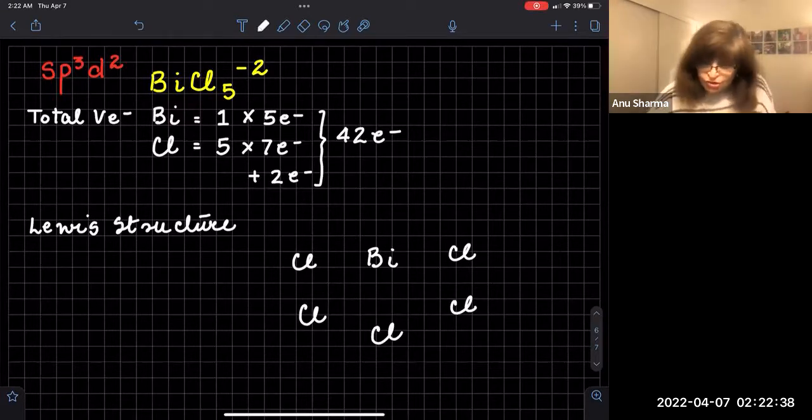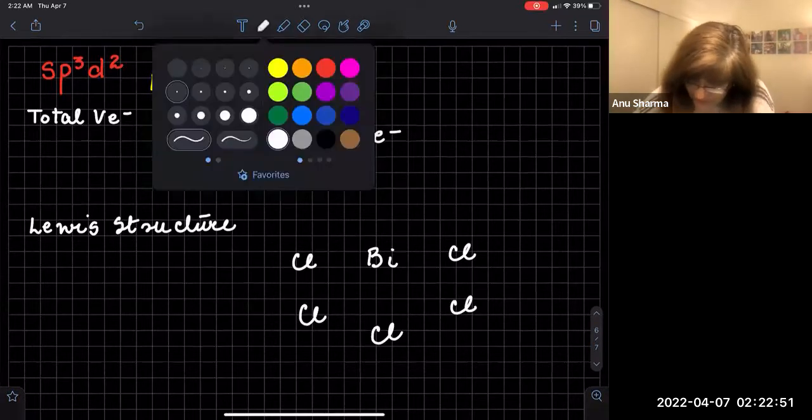Next is to draw the Lewis structure. Bismuth will be in the center and chlorine will be on the side, because chlorine will only make one bond, because bismuth is lower in electronegativity than chlorine.